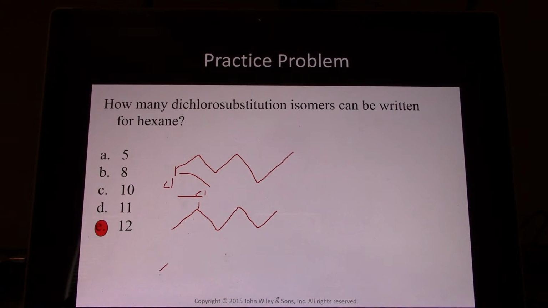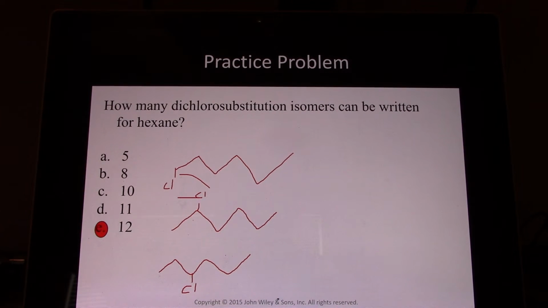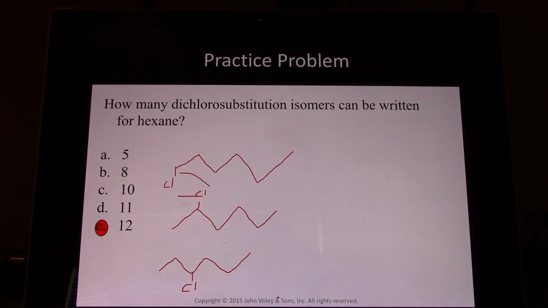And then I could have a chlorine on 3, and we've already covered 1 and 3, and we've covered 2 and 3. We could have 3 and 3, three and 4, and those would be the only new ones.